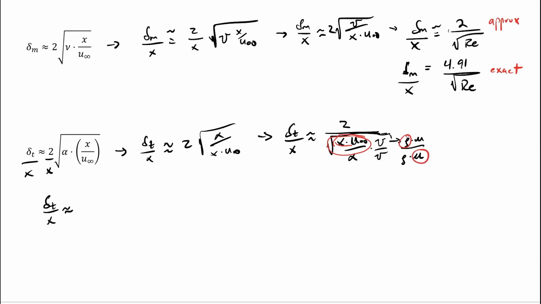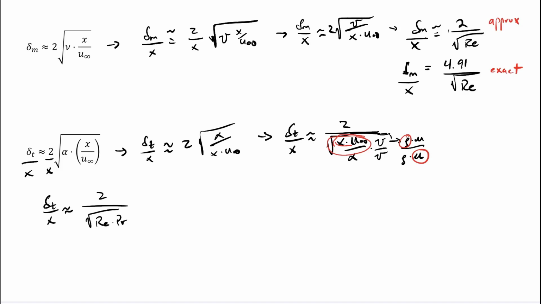Right, that's the Reynolds number. So this becomes 2 divided by the square root of Reynolds. And the other part is the Prandtl number. So that algebra gives us back the same thing as the momentum boundary layer, it's just now 2 divided by the square root of Reynolds times Prandtl.